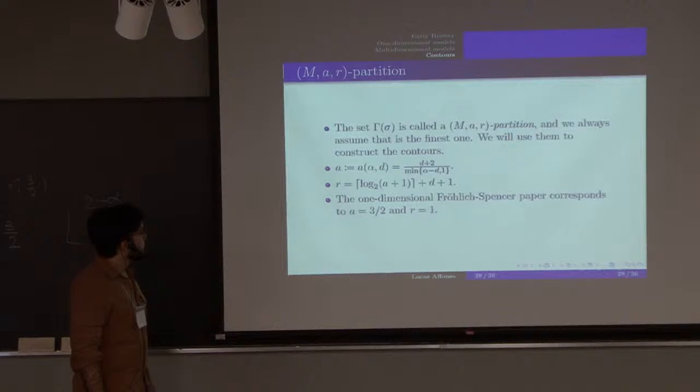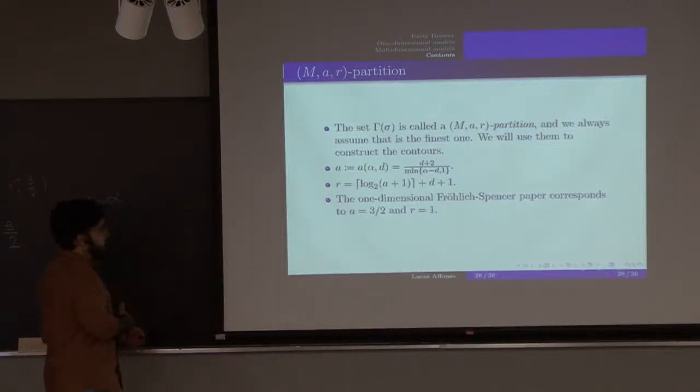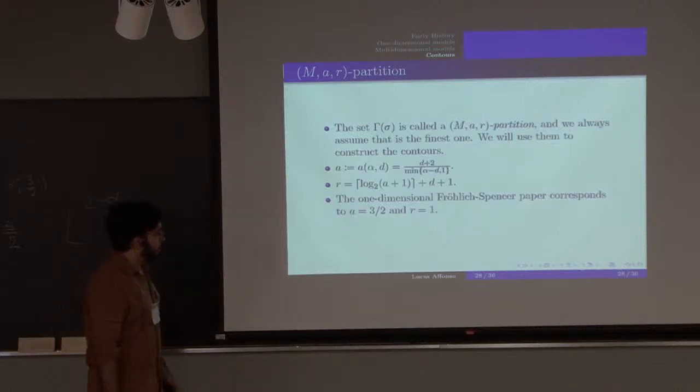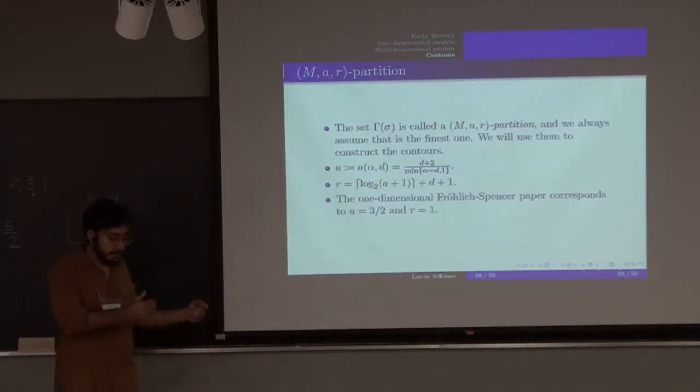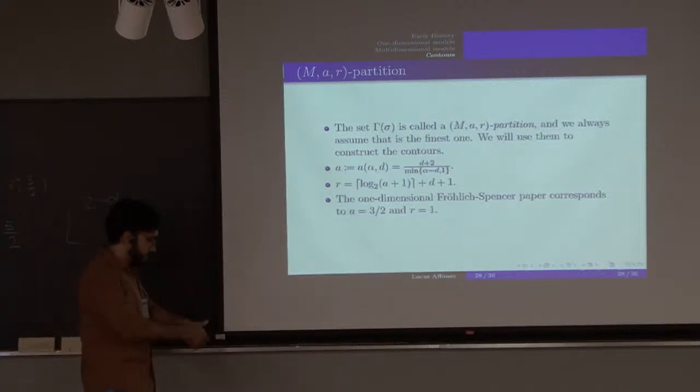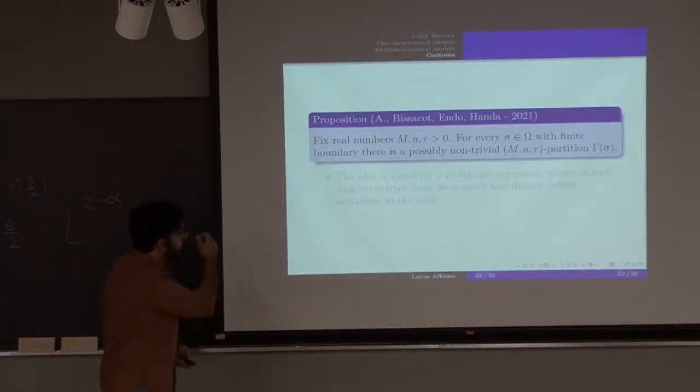And if you remember the definition that I gave from Froelich-Spencer using the diameters, if I choose A equals 3 halves and R equals 1, the condition B2 is exactly the condition that they gave for the separation of the spin flips. So, okay, going back to the problem.